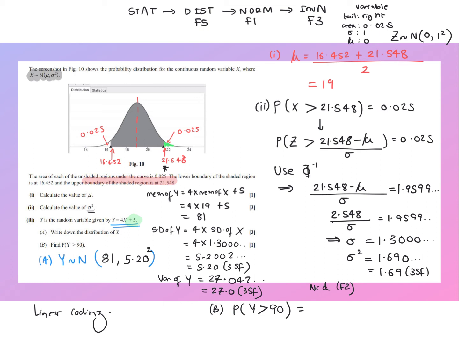It's also important that we enter the value of sigma on the calculator and not the value of the variance sigma squared. So the mean is 81. That's everything entered, and this gives me a probability of 0.04175... So I'm going to round that to 3 significant figures to 0.0418, and there's our final answer.